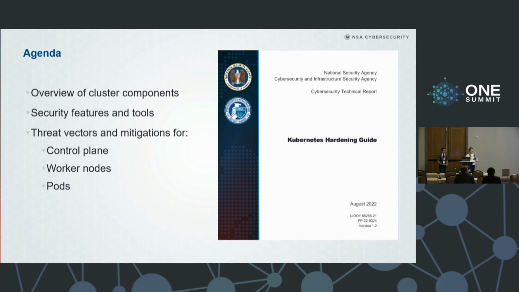This year, we also updated our Kubernetes hardening guidance, in collaboration with some Kubernetes partners, to give an overview of some of the things you can do to protect your cluster.